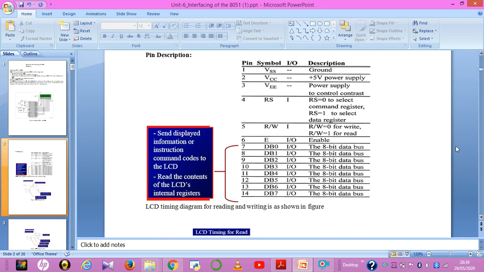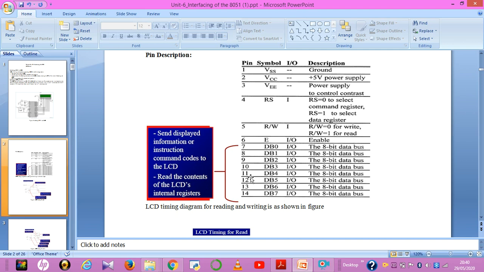Next we'll see the pin description of your LCD, which pins are used for interfacing with 8051, and what the functions of those pins are. Here we are going to connect a 14-pin LCD display. I have written here which pins are used for which functions.